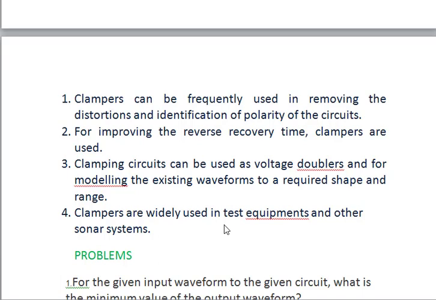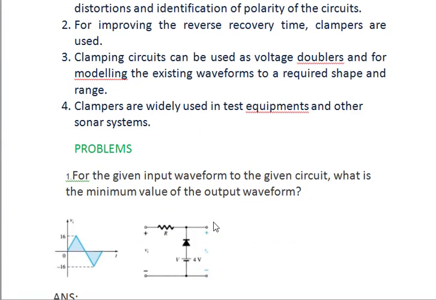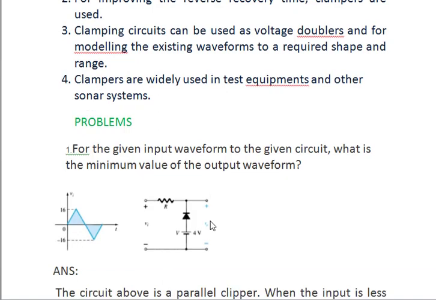Clampers are widely used in test equipment and sonar systems. Okay, we have covered what is a clamper, what is a clipper, what is an RC network. Now we will see some problems from this area.